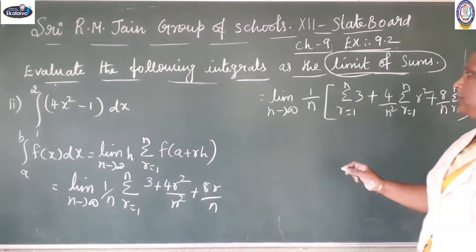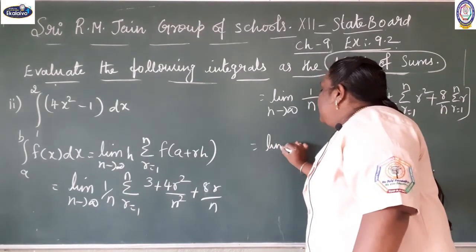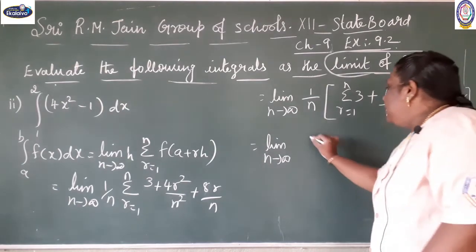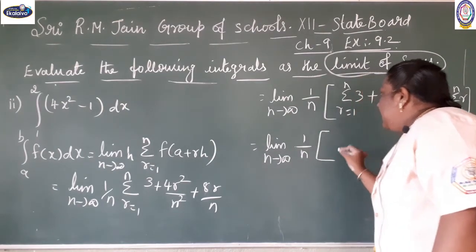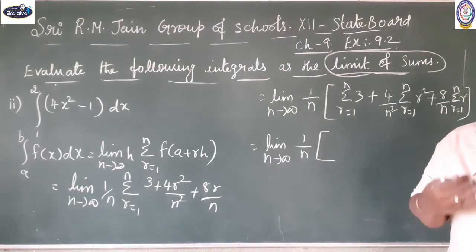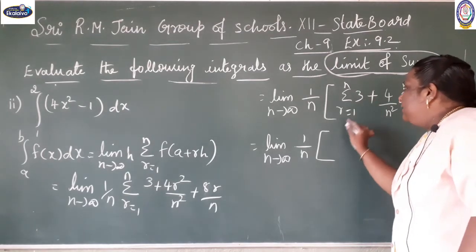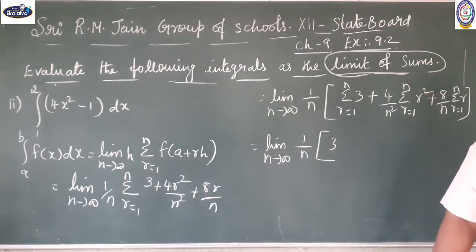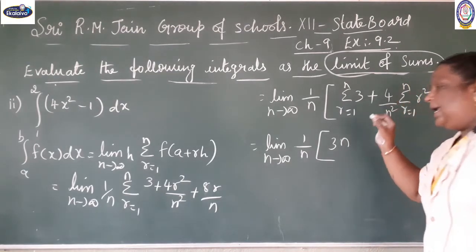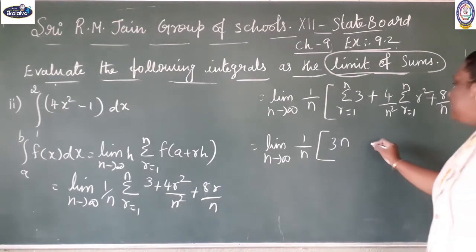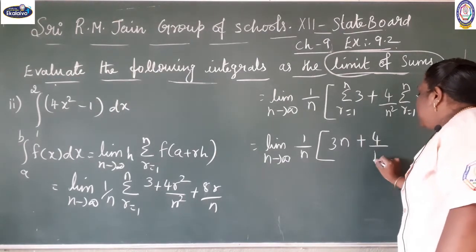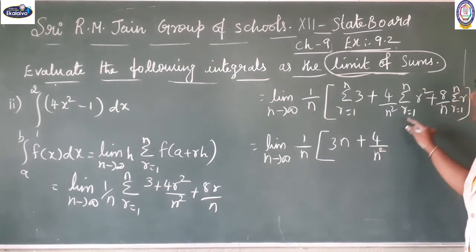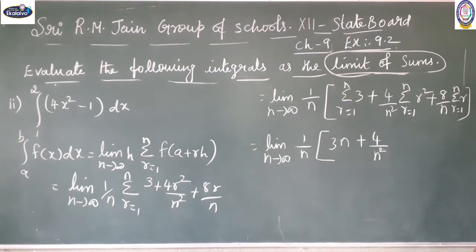So it gives limit n tends to infinity 1 by n into sigma r equal to 1 to n 3 into 1, sigma r equal to 1 to n 1 is n, plus 4 by n square into sigma r equal to 1 to n r square.